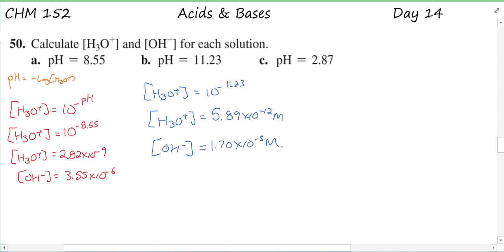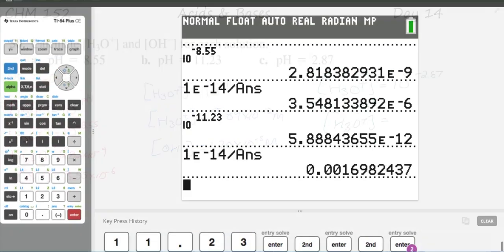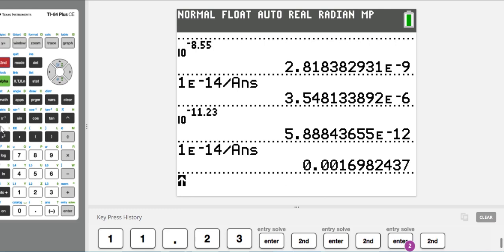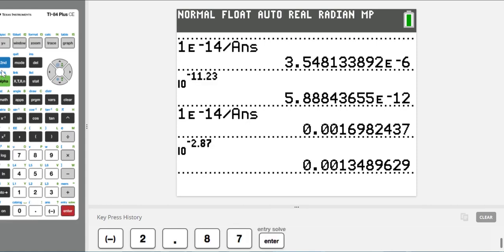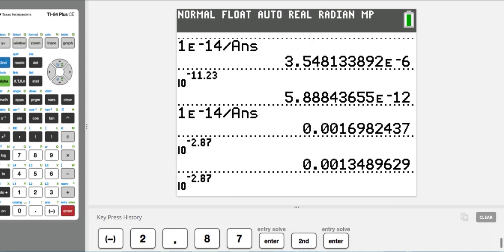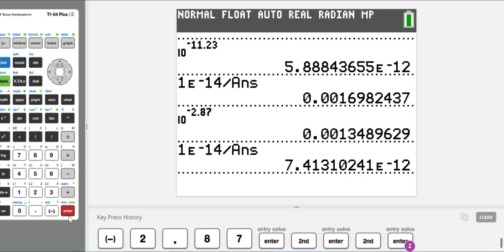C, same thing. Hydronium is 10 to the negative pH of negative 2.87. So that means hydronium will be 1.35 times 10 to the negative third.